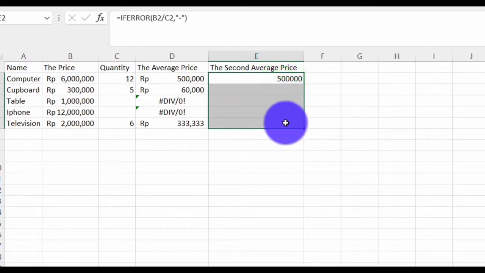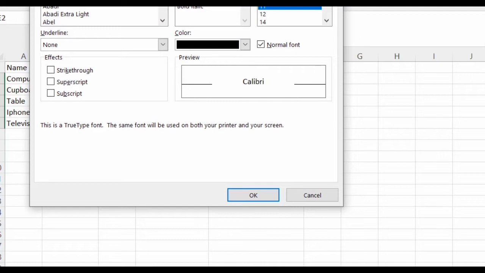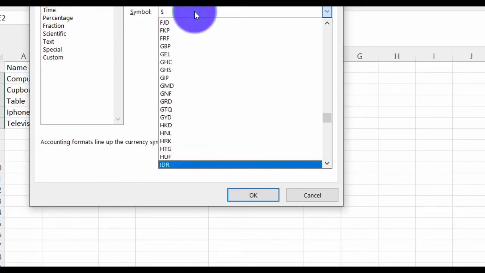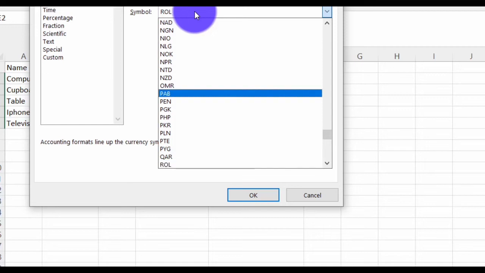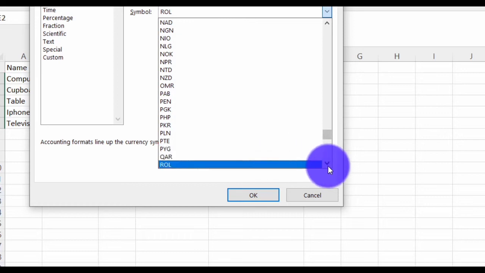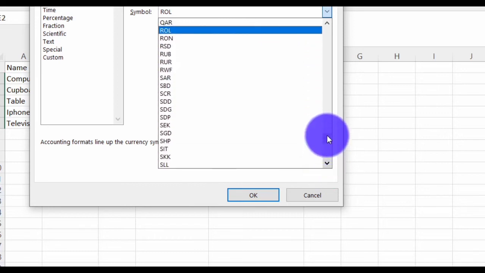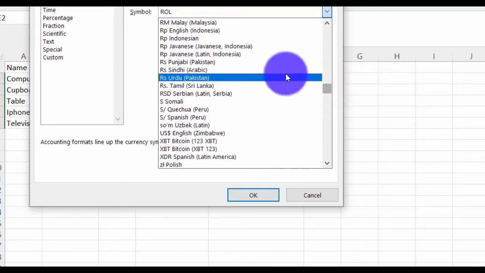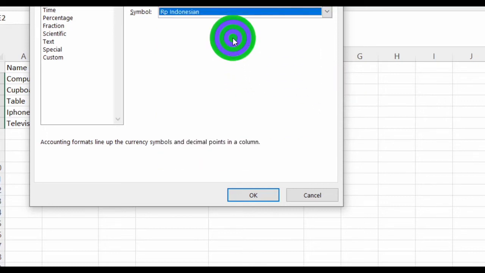Okay, I want to make this in the rupiahs format cell first, counting Indonesian.